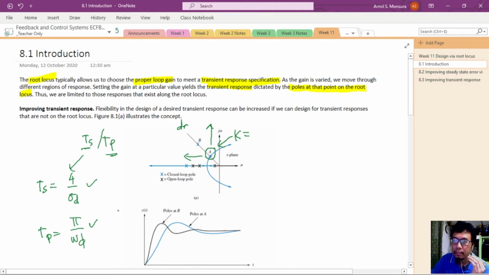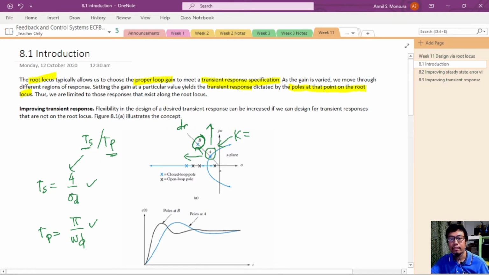Then kapag nagkaroon na siya ng compensator, mamimeet natin yung TS, and at the same time mapapanatili natin na constant yung overshoot niyo. Okay, that would require you to move your pole from here to here, to a point somewhere here, which now, obviously, wala na sa root locus natin.